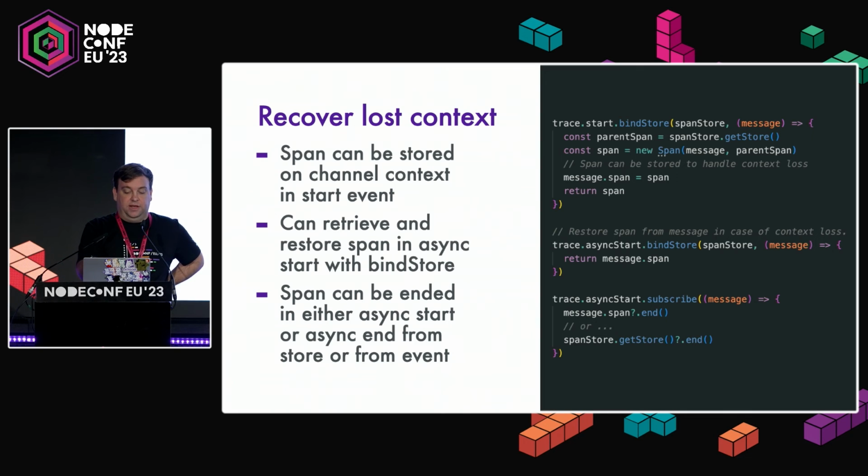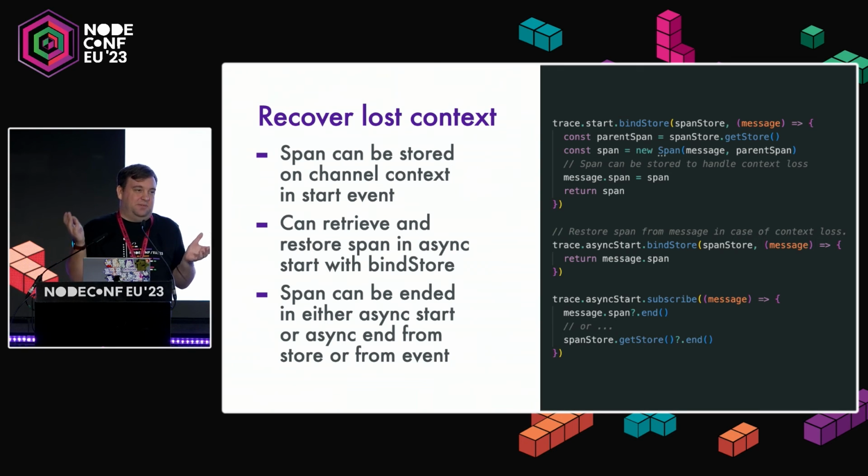So we can bind to the async start, which is the start of the callback scope, and do the bind store and transform to whatever span was stored on the message, so that it will re-scope that callback to what we think it should be instead of what AsyncLocalStorage thought it should be at that point, maybe incorrectly.